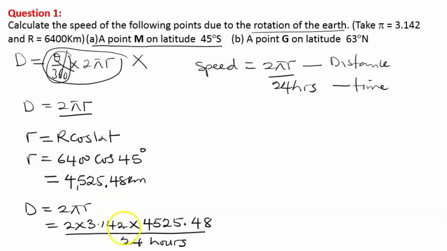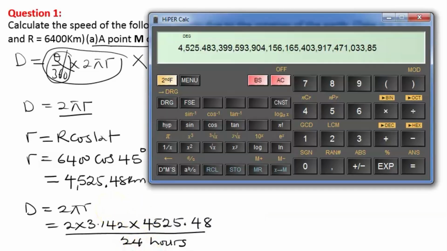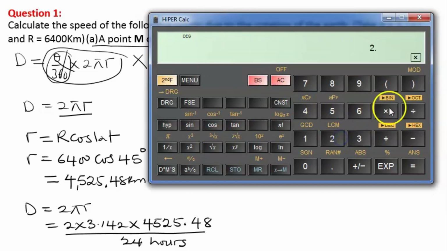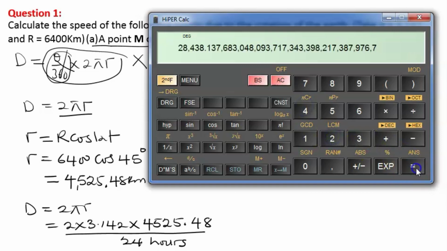So if I bring up my calculator again, this whole answer multiplied by 2 multiplied by 3.142 is going to give me 28,438.14.